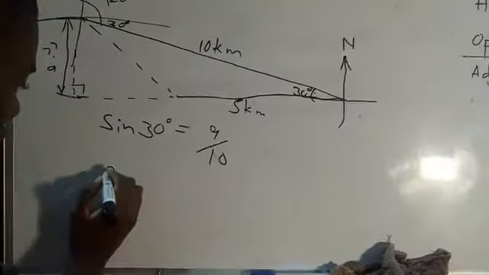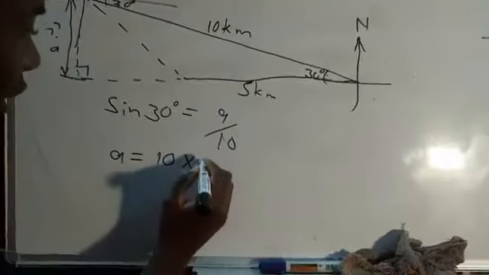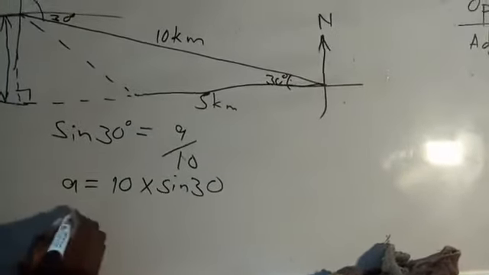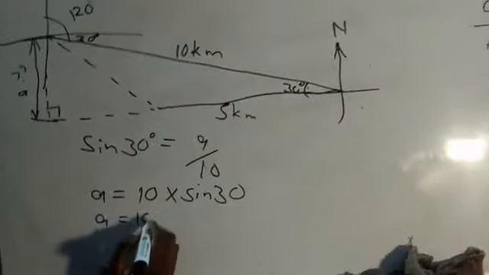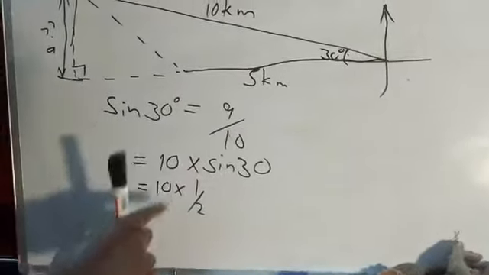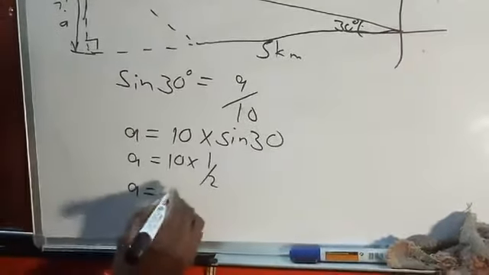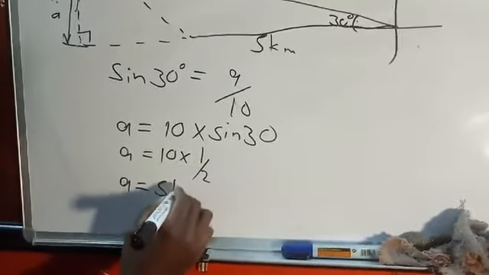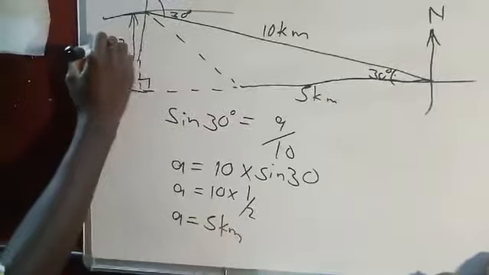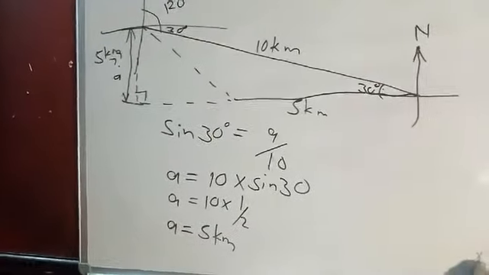So A will be equaling to 10 times sine 30, and A will be equal to 10 times a half, which is equal to sine 30. A equal to 5 kilometer. So here is 5 kilometer south of its finishing point.